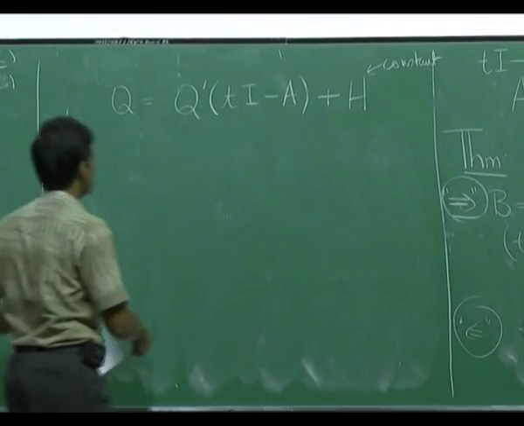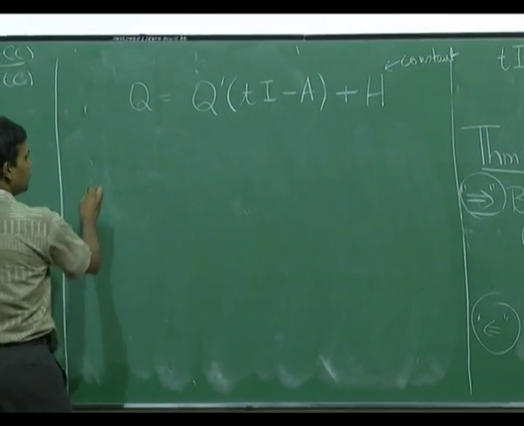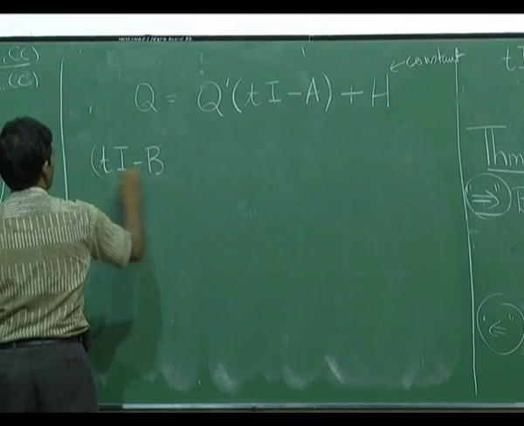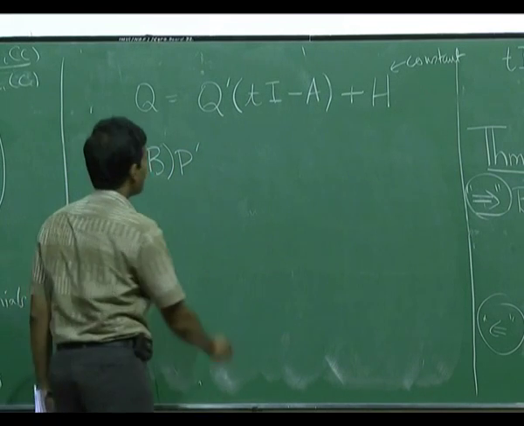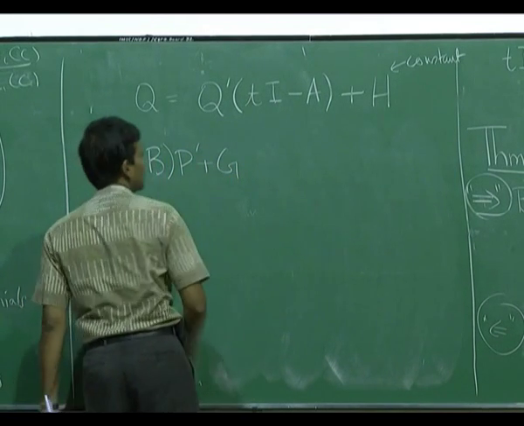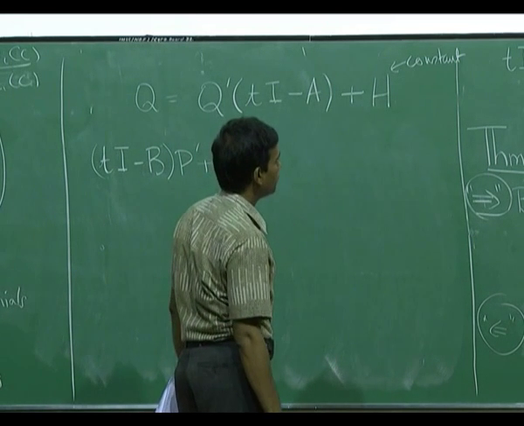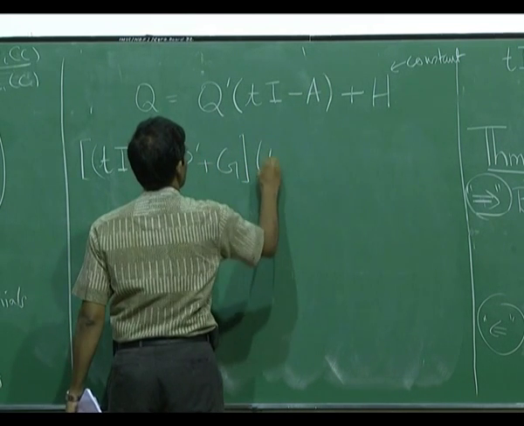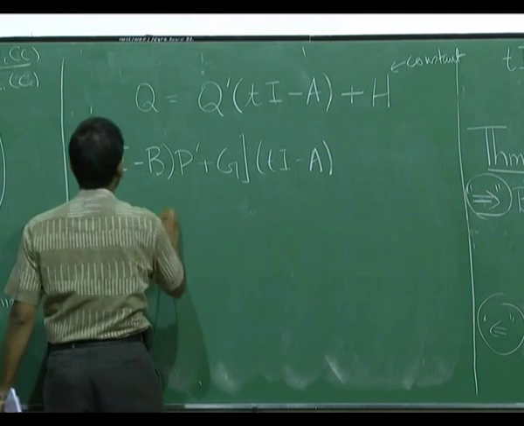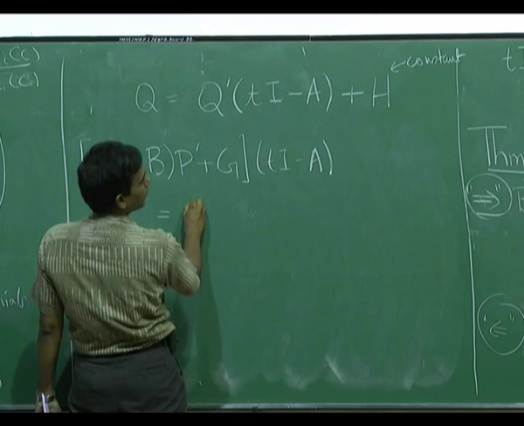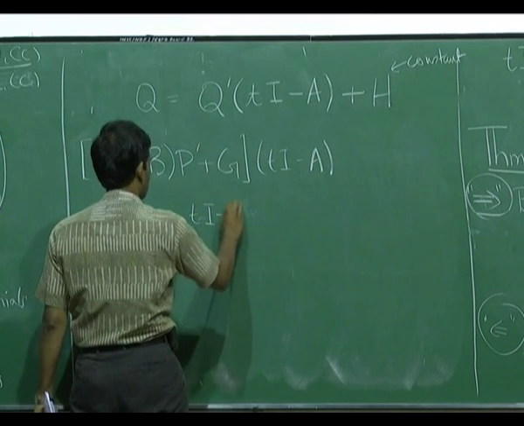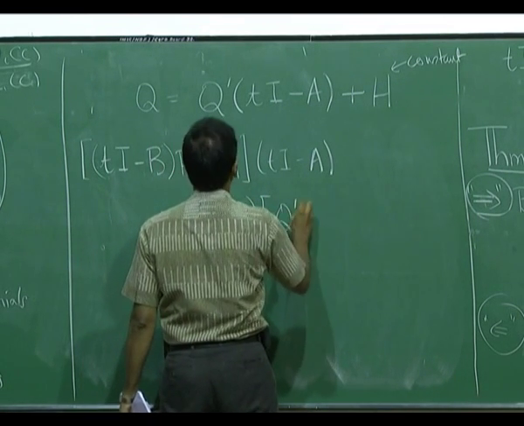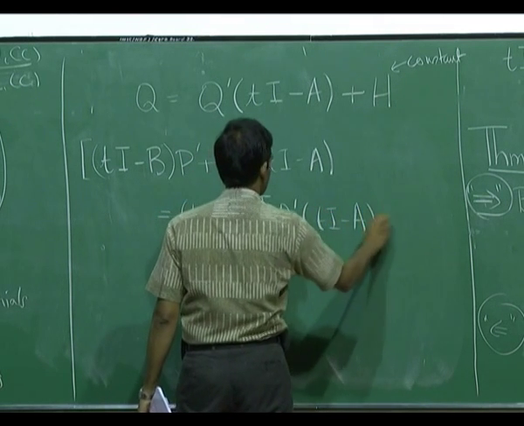So what we get is P, which is (tI minus B) P prime plus G, times (tI minus A), is equal to (tI minus B) times Q, which we have rewritten as Q prime (tI minus A) plus H.